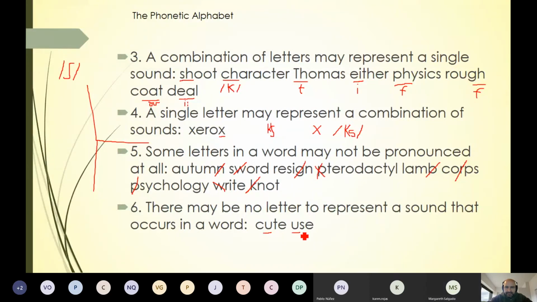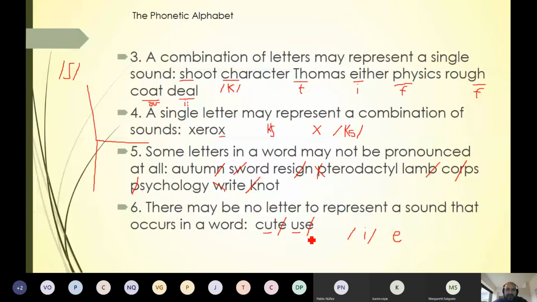E. Letter E. Yes. The letter E. Okay, so we're talking about this one. Yes? Exactly. All right.